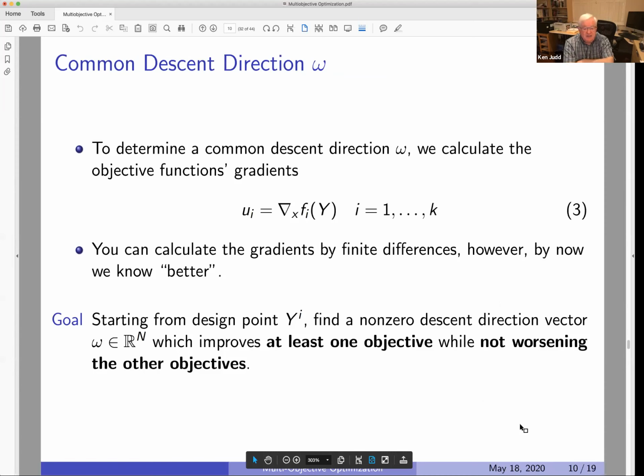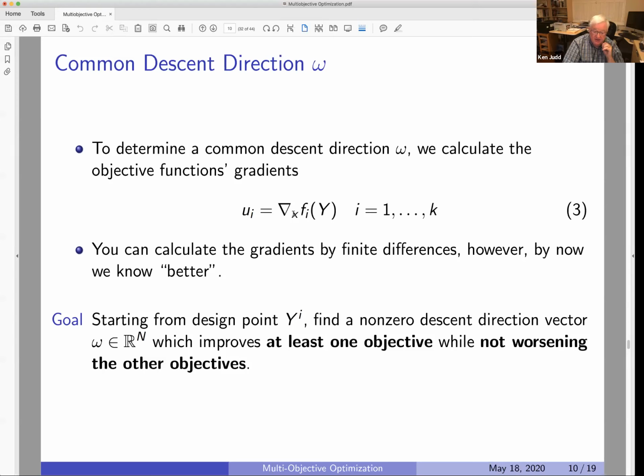The common descent direction: first we need to compute the gradients of each objective. So let u_i be the gradient of the ith objective at a point y.